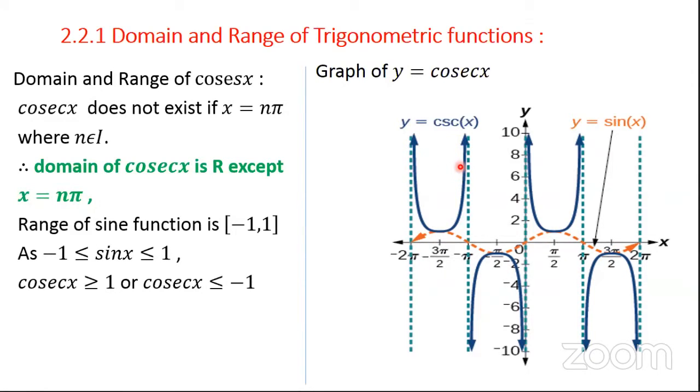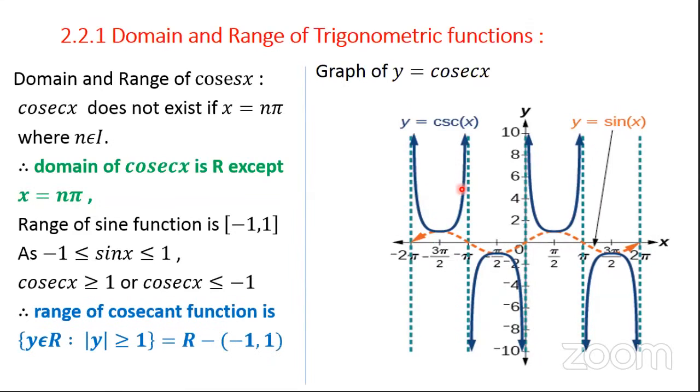Okay, that means the range of the cosec function is the set of all values y belonging to real numbers such that modulus of y is greater than or equal to 1, which is the same as R, the set of real numbers, minus the open interval (-1, 1), because these -1 and +1 values are possible for sine, they are included in the sine function.